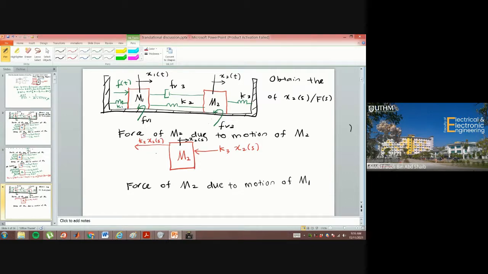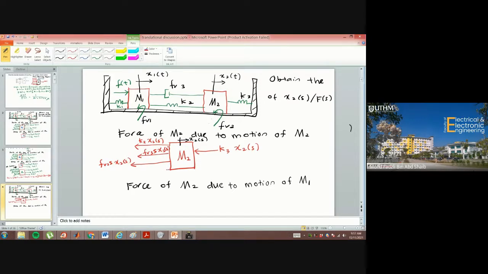We have FV3 times S, X2S. What do we have more? We have FV2, FV2 S, X2S.